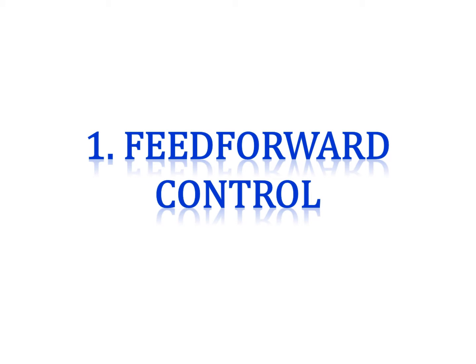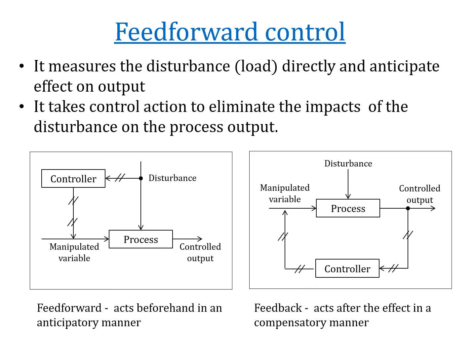Feedforward control is the topic of this talk. Basically, what is feedforward control? The feedforward controller measures the disturbance or the load directly and anticipates the effect on the output.